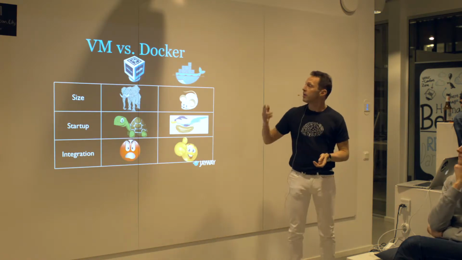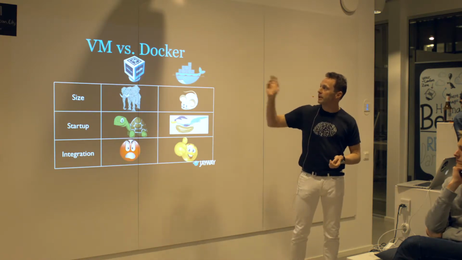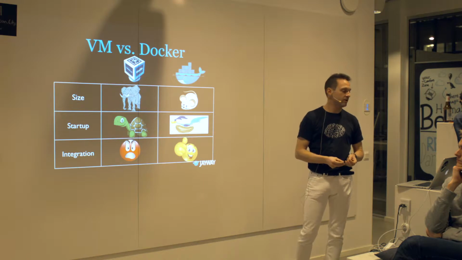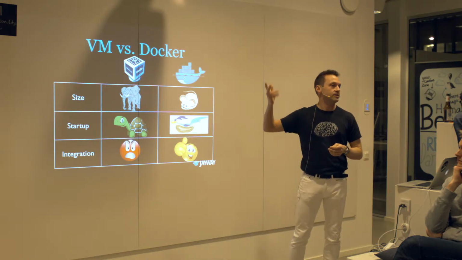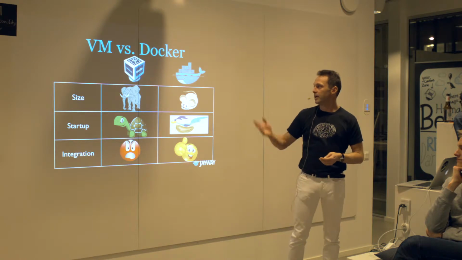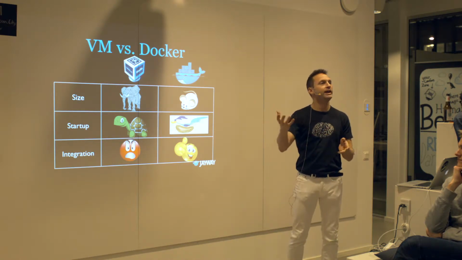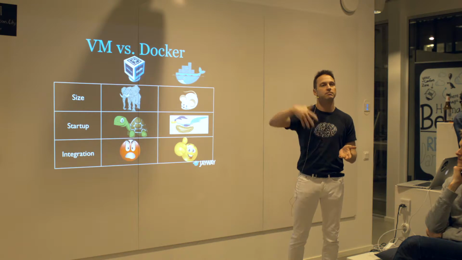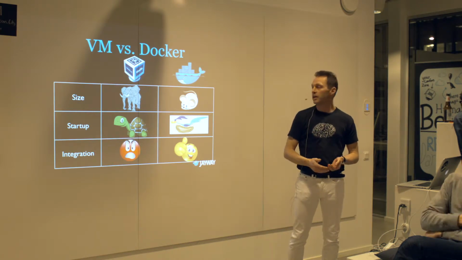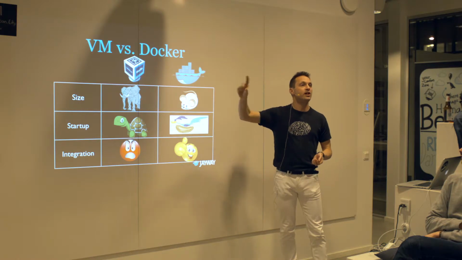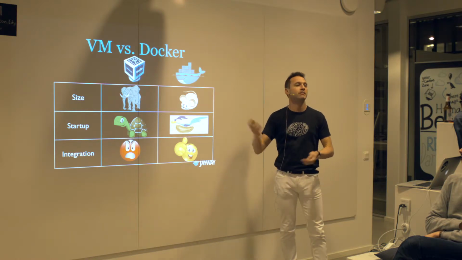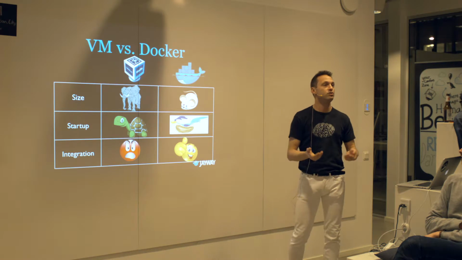Another thing that's different between virtual machines and Docker is that virtual machines are a lot heavier. They weigh in at about 1 gigabyte and move upwards. And the smallest Docker image is 0 bytes. It's a scratch image and it doesn't do anything, so it's quite useless.